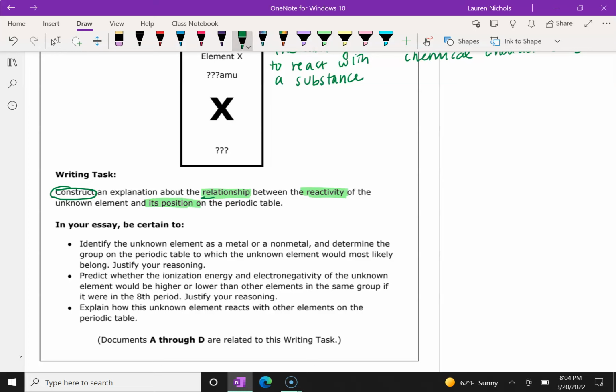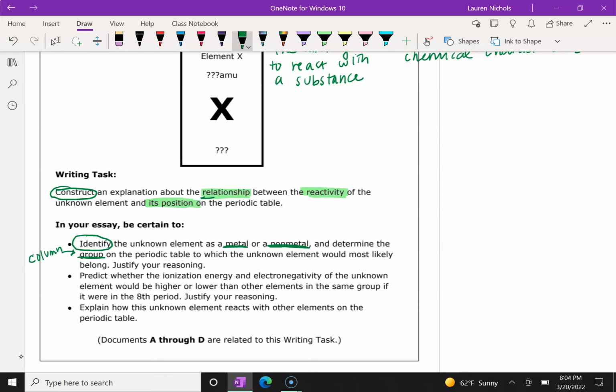And while we're doing that, they tell us to identify the unknown element as either a metal or non-metal, so we have those vocabulary words again, and determine the group on the periodic table to which the unknown element would most likely belong. So one thing we know is that a group is a column on the periodic table.